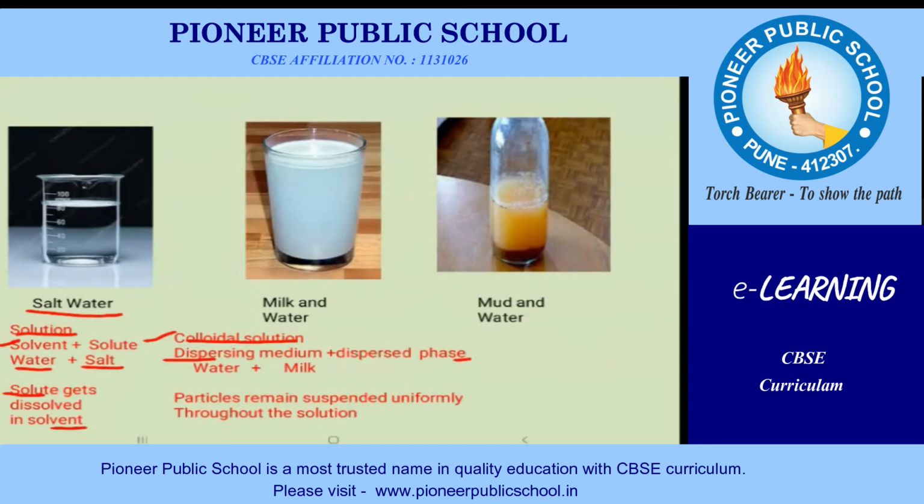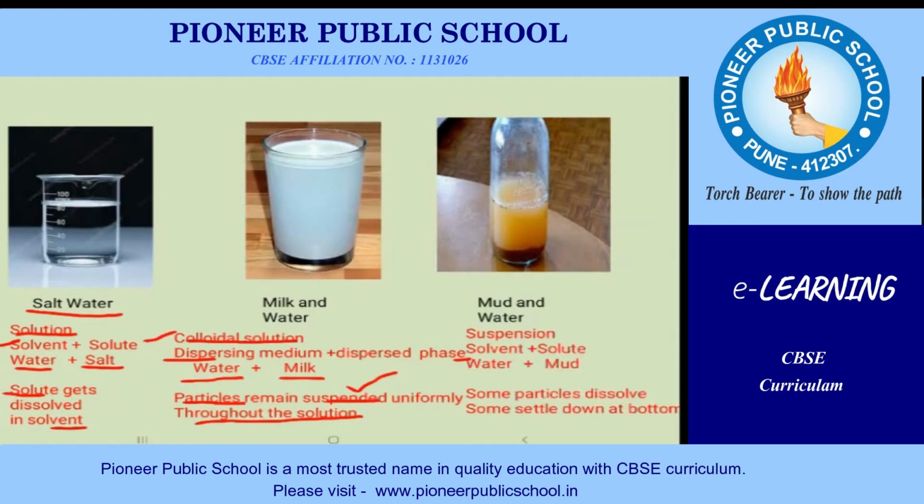And here students, in this example, water is the dispersing medium in which milk has got dispersed. Here, the particles of milk are suspended uniformly throughout the solution, but they are not dissolved. They are suspended. That's why this is called a colloidal solution.